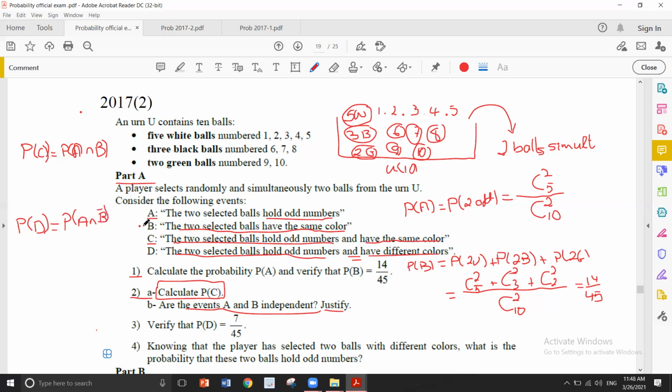We can use the definition or we can use a rule. We could say one white odd with one black odd, one white odd with one green odd, or one black odd with one green odd. We can do this, or how can we solve it?